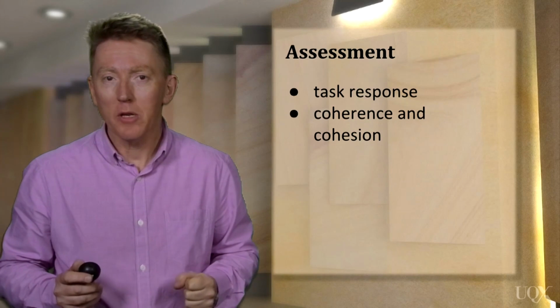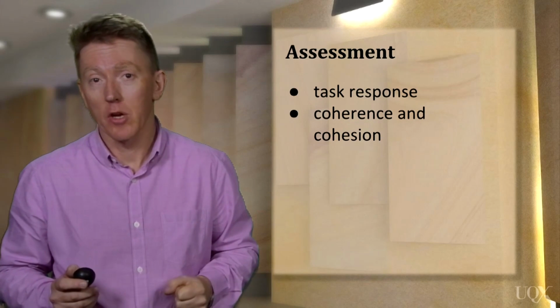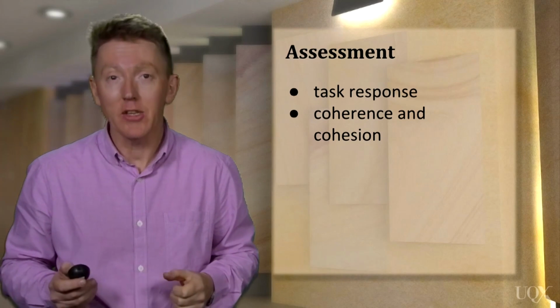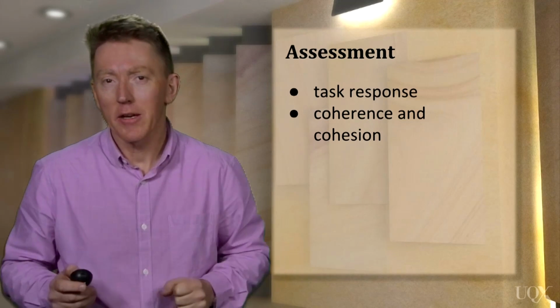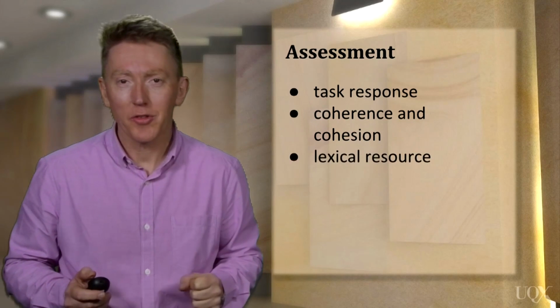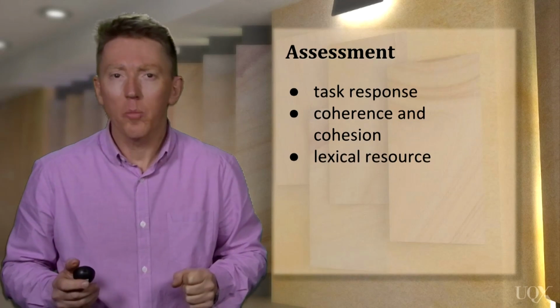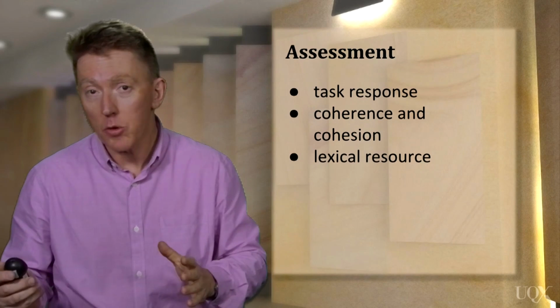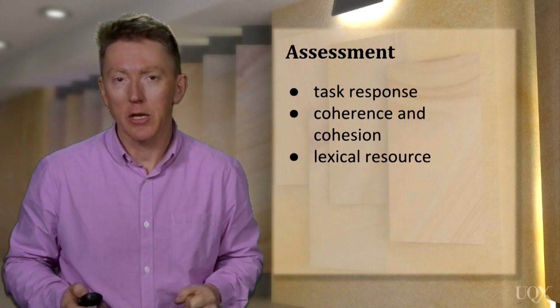Your essay should be divided into paragraphs, with each paragraph having a clear central idea. Thirdly, your lexical resource. That is, your ability to use a range of vocabulary accurately and appropriately.